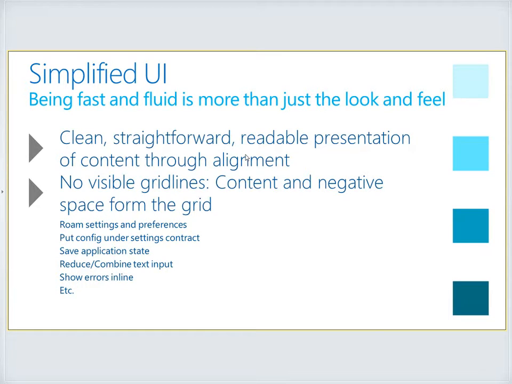But again, it's thinking about things like your settings, your application state, right? As soon as I navigate away from an app, it suspends in 5 seconds. Understanding how to preserve state and transfer state between snapped views and full screen views. These are all the other parts of the experience that make Metro applications so powerful and easy to use.